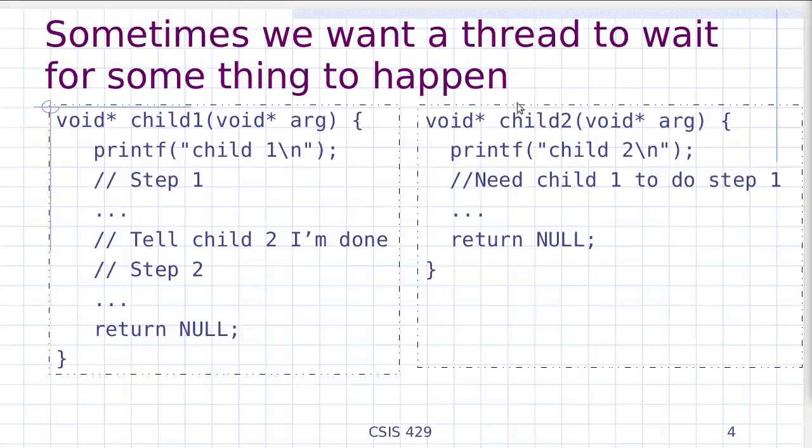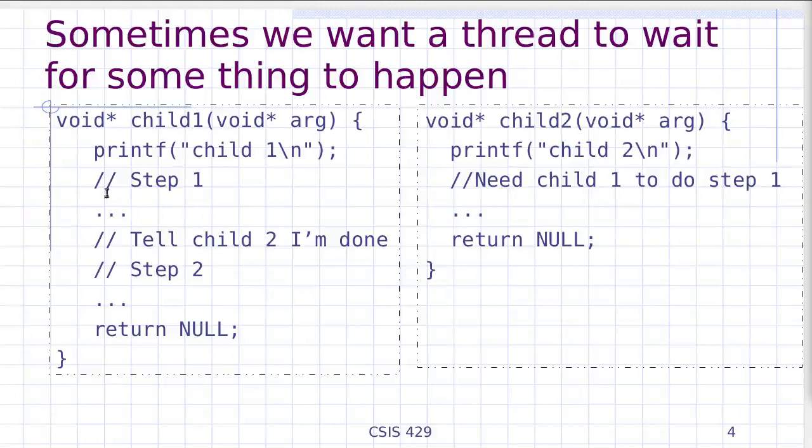Let's say we have two threads, child 1 and child 2, and we want to execute code in many steps, and we want child 1 to execute some crucial step. This could be a critical section or not. Maybe it's just getting something from a file. Then it wants to indicate to another sibling, child 2, that this thread is done.